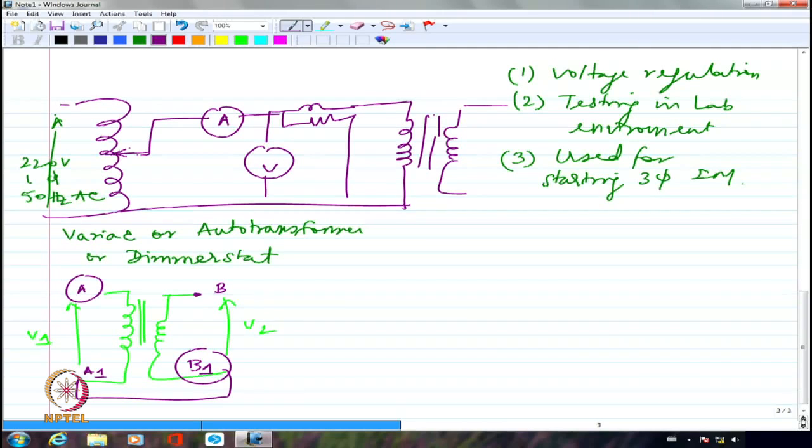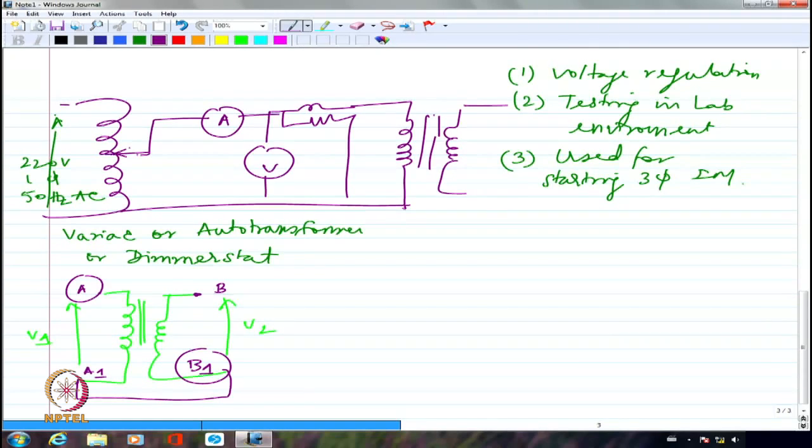See, in a two-winding transformer being connected as an auto transformer, we are telling this. If it is a two-winding transformer, I have four terminals. Which two terminals do I want to connect together? That's what we were talking about. Two-winding transformer being converted into an auto transformer.